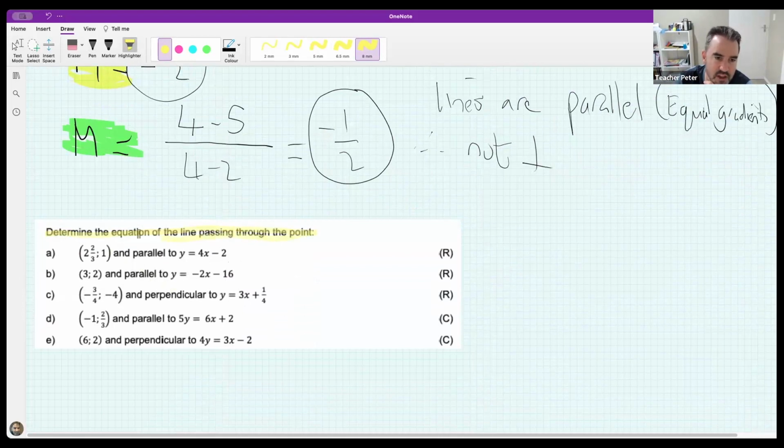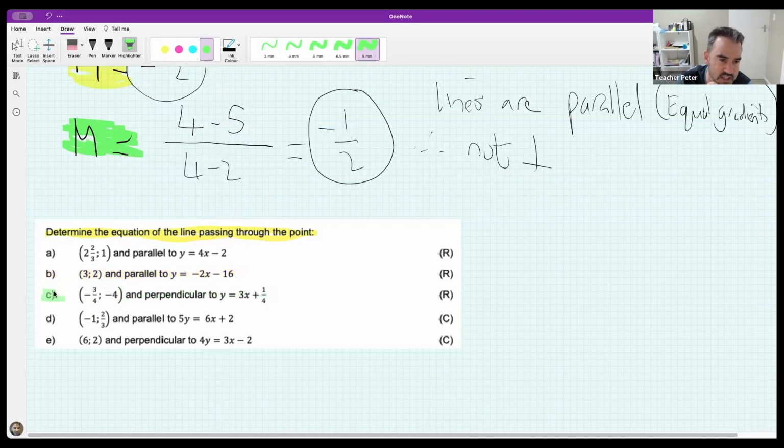All right, in each of these questions, you have to determine the equation of the line passing through. Let's do one where it's parallel. So you need to do that one. And then you also need to do C, where it passes through the green point. Let me actually highlight the ones you need to do.